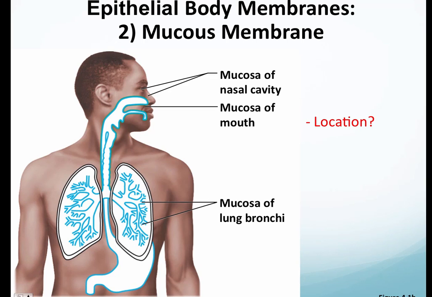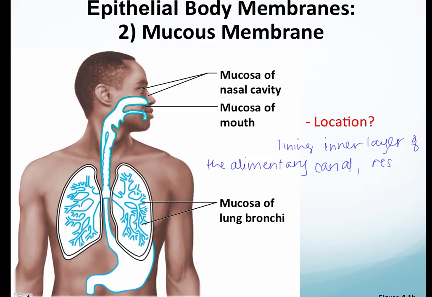Great. Now, what's the next thing we have? We have the mucous membrane. Mucous membrane, where do we find it? We find it lining the inner layer of the alimentary canal, the respiratory system, the reproductive system, and the urinary system.